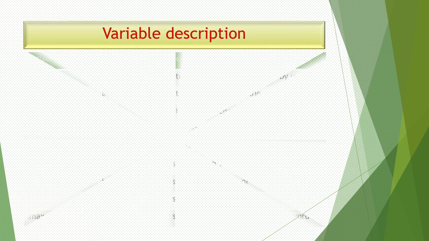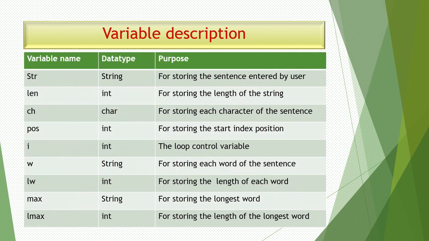Then we see the variable description of the program. The variable description is very important because there are a number of variables in this program.